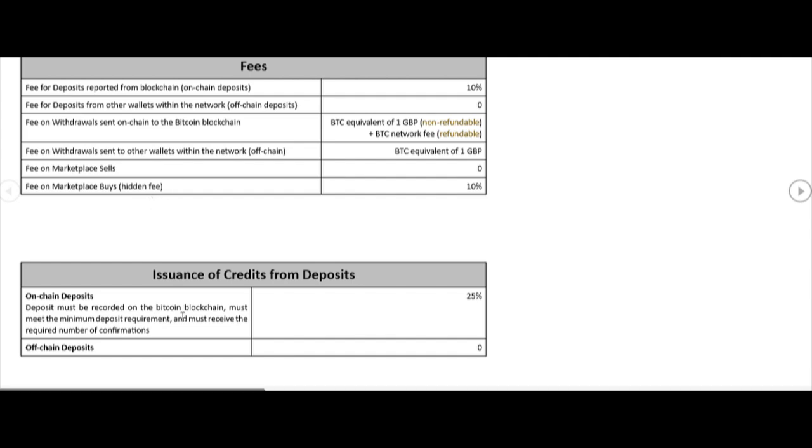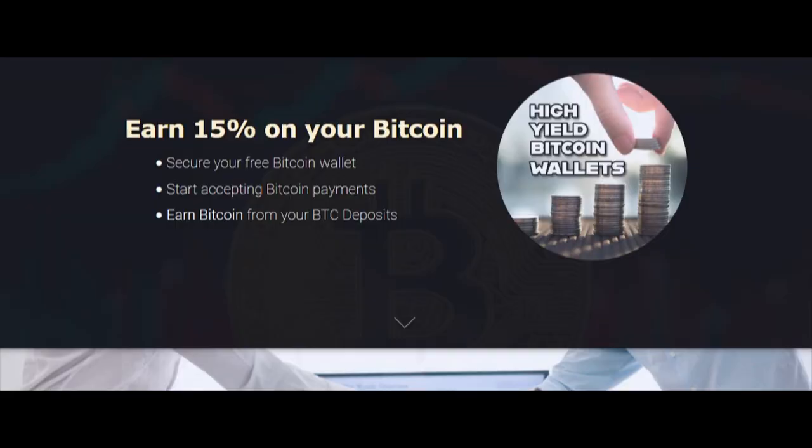All right, now let's talk about the issuance of credits. So again, we have the on-chain deposits. We have the off-chain deposits. Okay. When you receive payments from the network, you are going to get 25% of the amount in credits. Okay. So if we look at the advertised site now, it's saying you're going to earn 15% on your Bitcoin.